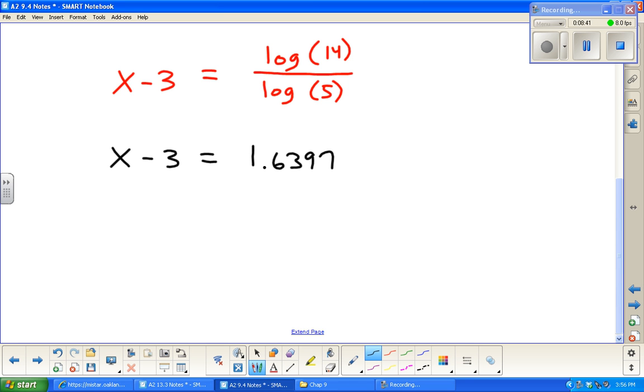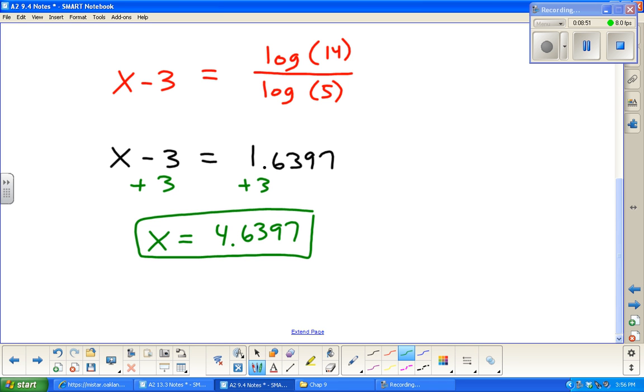And then when we add the 3 to both sides, we can finally get our x value. So x is going to be 4.6397. If you're thinking about rounding, the directions are usually going to tell you round to the nearest thousandth or 10,000th, or it'll be kind of clear. If it's not clear, carry at least 2 decimals. 3 or 4 would be a little more safe.